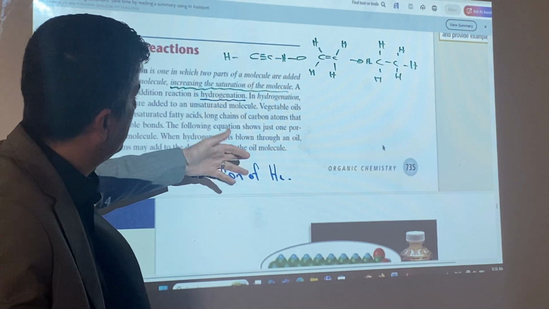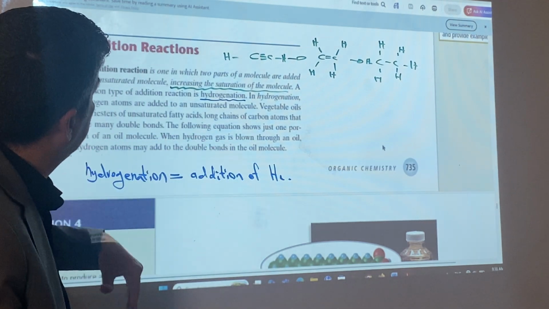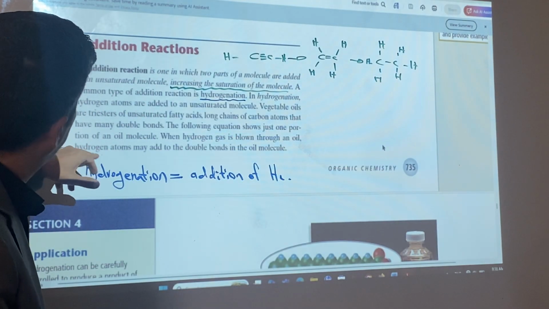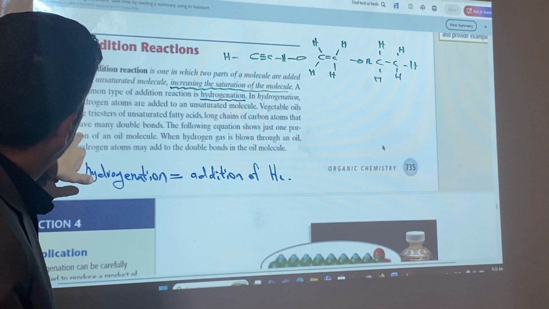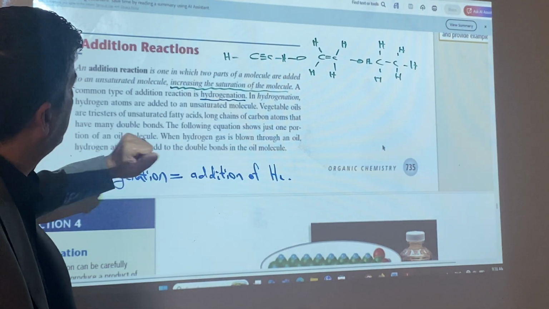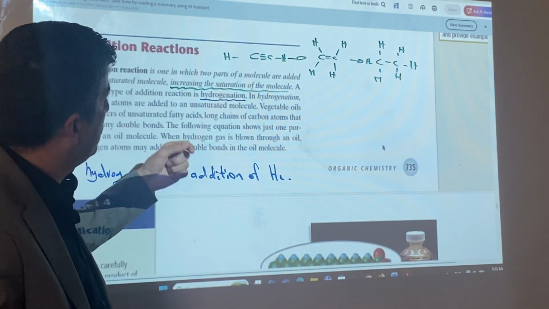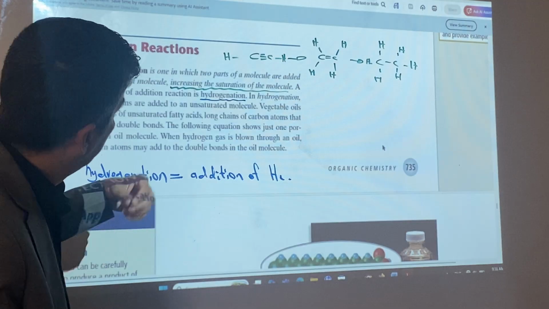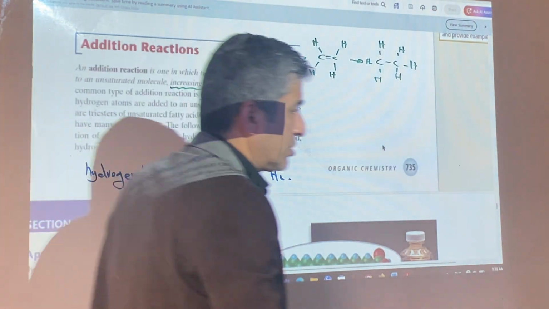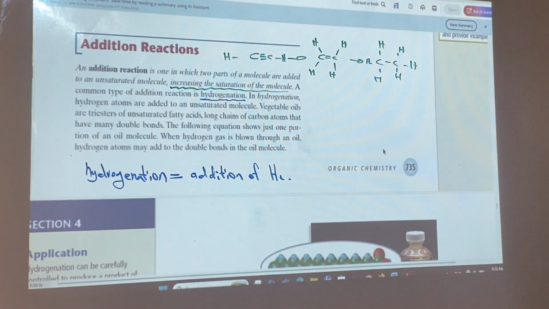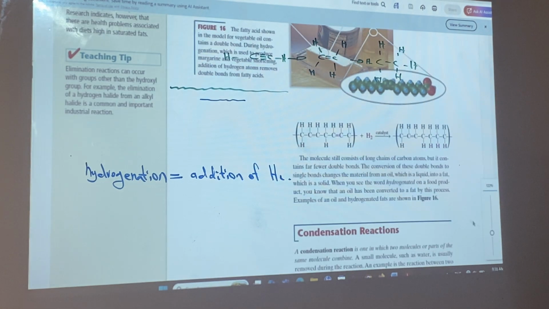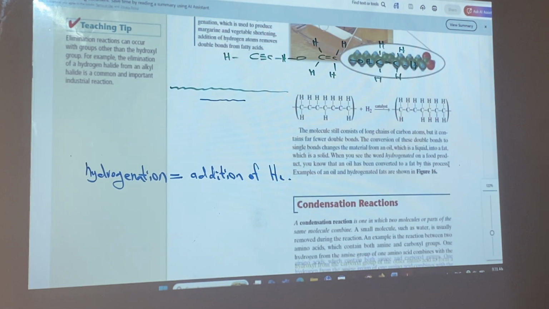The following equation shows just one portion of an oil molecule when hydrogen gas is blown through the oil. When we add the hydrogen gas, the saturation of the molecule increases. This is the addition reaction.